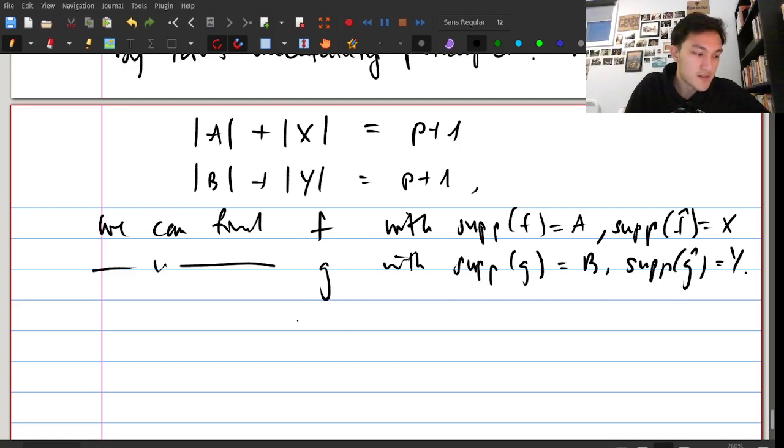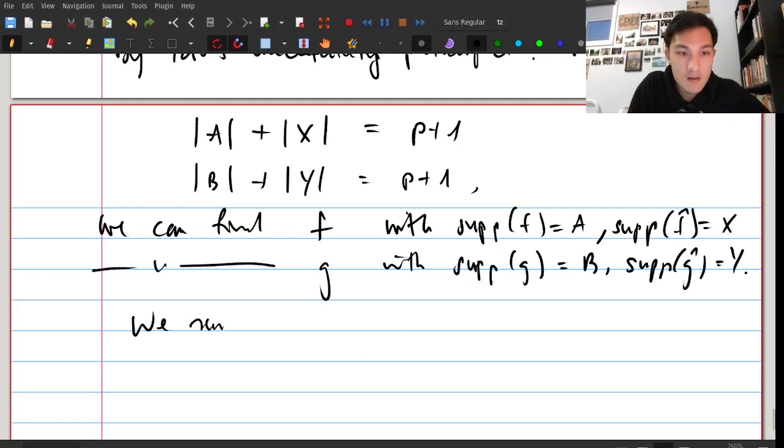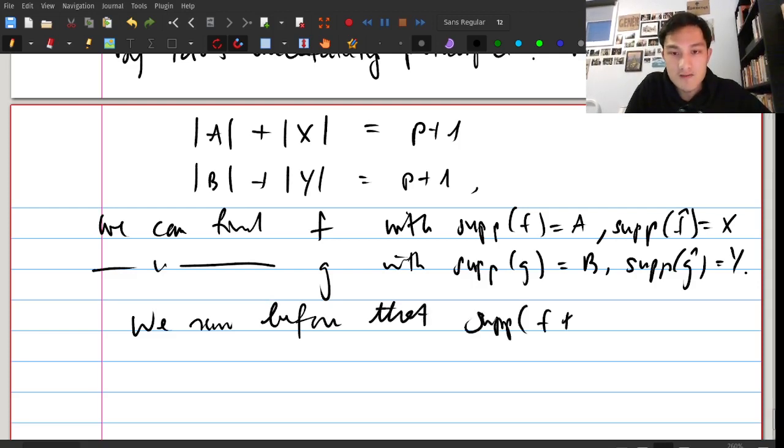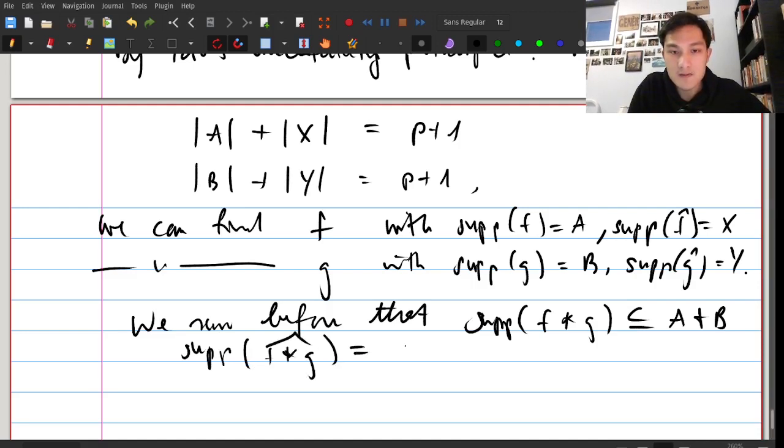And we saw before that the support of f star g is a subset of a plus b, and the support of f star g hat is equal to x intersection y.